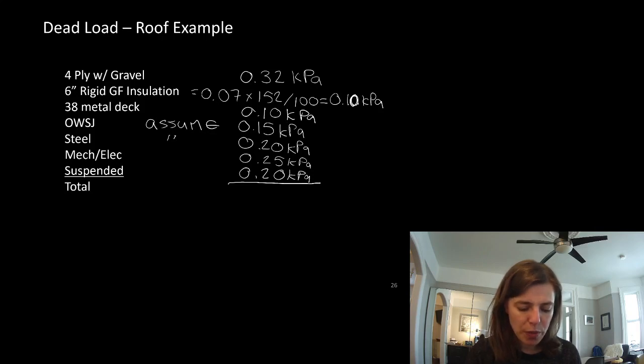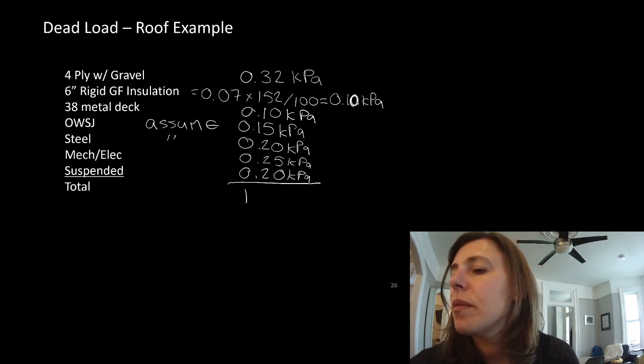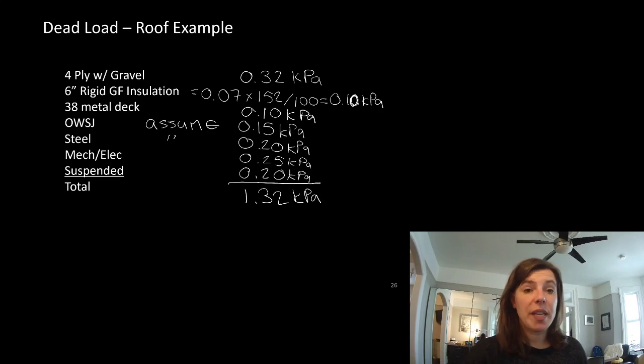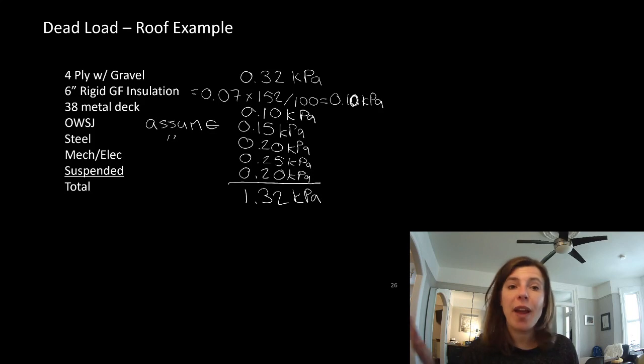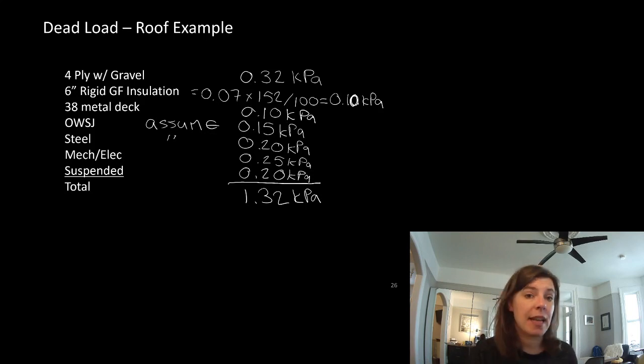So 0.32 plus 0.1 plus 0.1 plus 0.15 plus 0.2 plus 0.25 plus 0.2 equals 1.32 kPa. So we have a dead load for our roof. We've now been able to figure out what the dead load we need to design all the elements on our roof for. Now this is where understanding assemblies becomes very important.